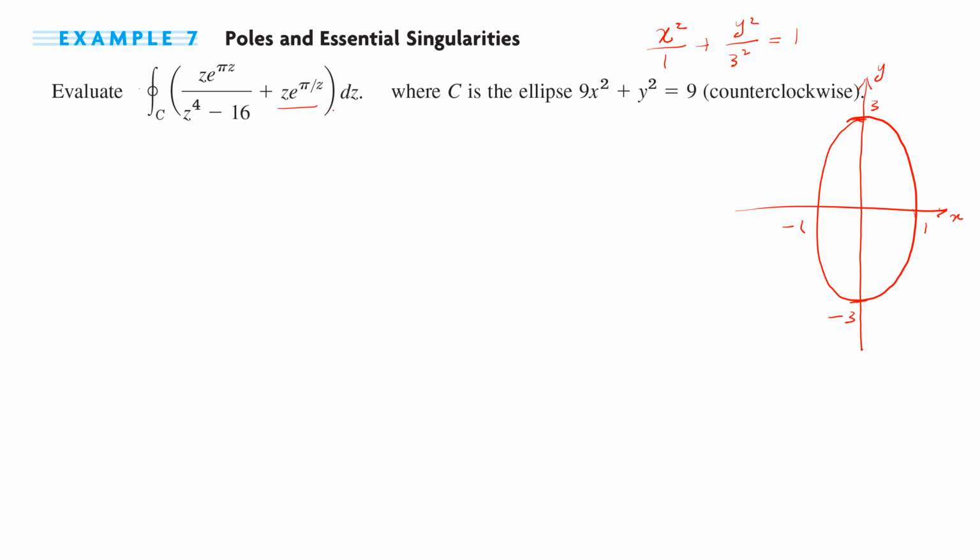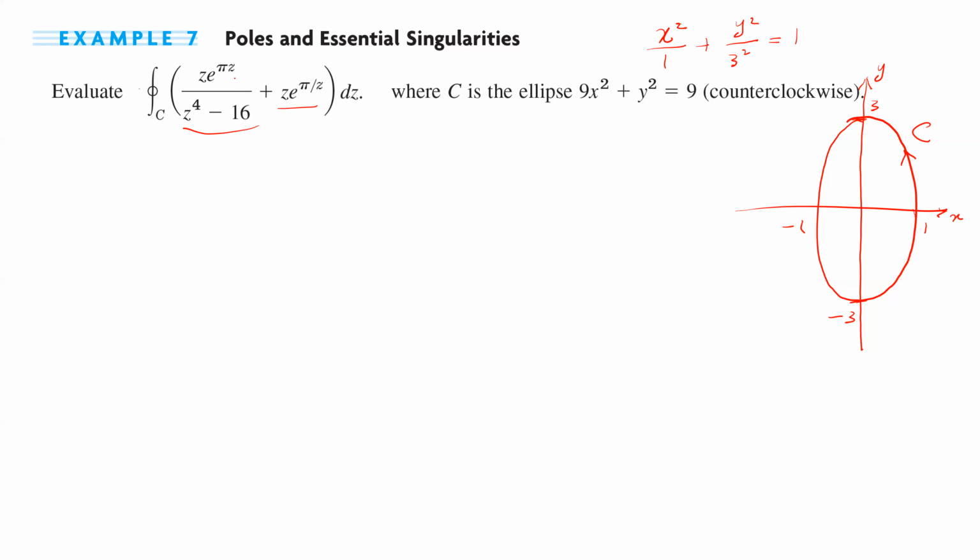It has an essential singularity. So we need to separate that. To find the first part, the integral of z e to the pi z over z to the 4th minus 16 dz, we need to find its poles, and find the residues at the poles that are inside that ellipse, which is the path of integration, C.